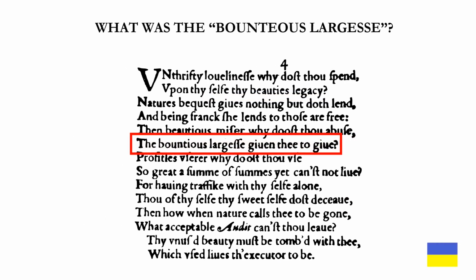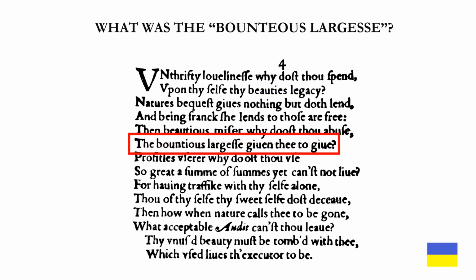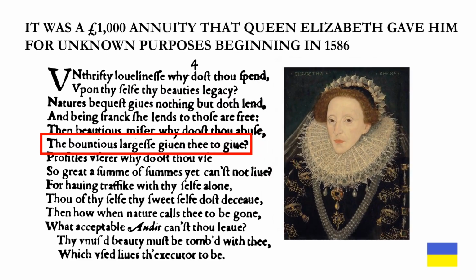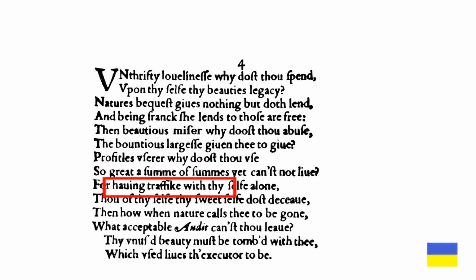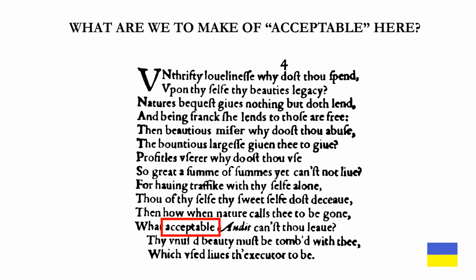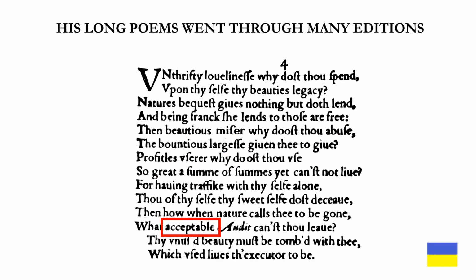What was the bounteous largesse? It was a £1,000 annuity that the Queen Elizabeth gave him for unknown purposes beginning in 1586. What are we to make of acceptable here in line 12? His long poems went through many editions.